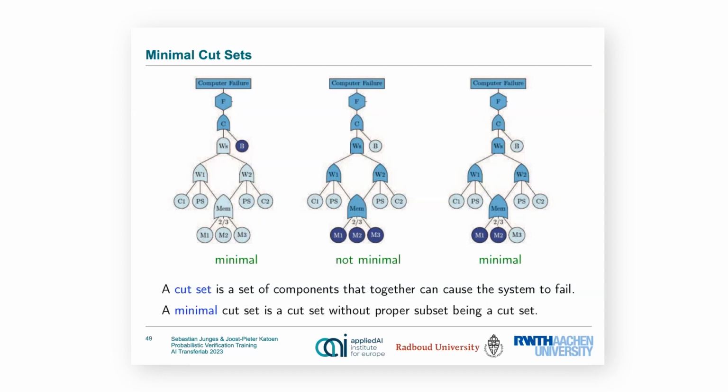And then the question that people would typically like to answer is what is called reliability. What is the probability that your computer will fail within a certain amount of time? Okay, where do the probabilities come from? Well, the leaves, C1, PS, M1, M2, and so on, are associated with a probability distribution.